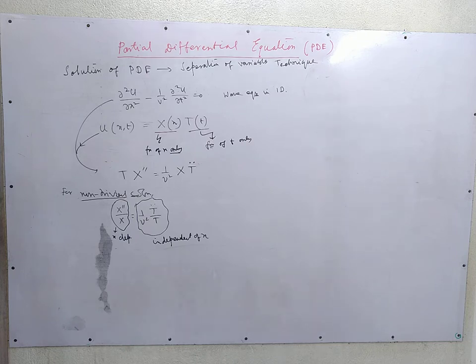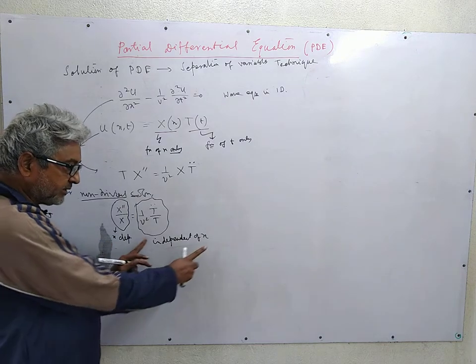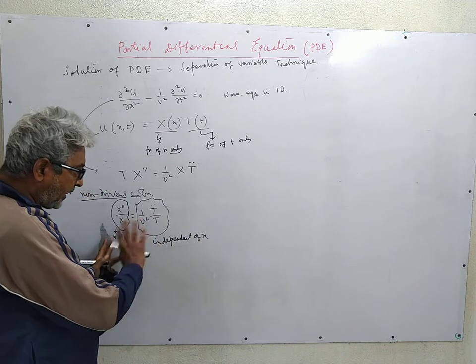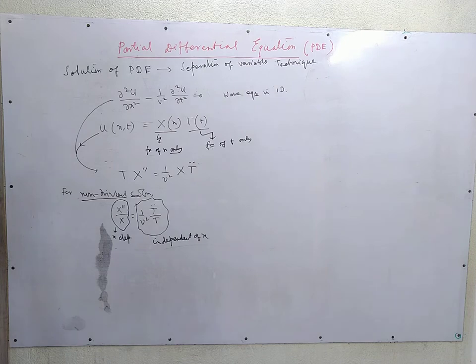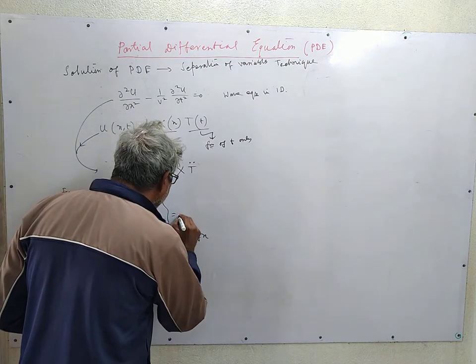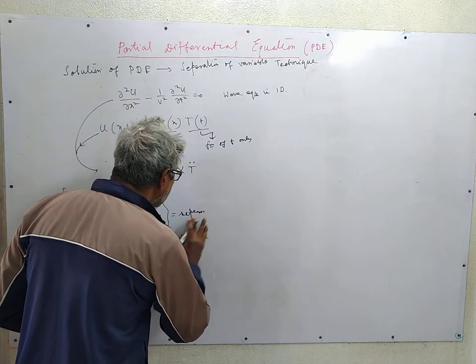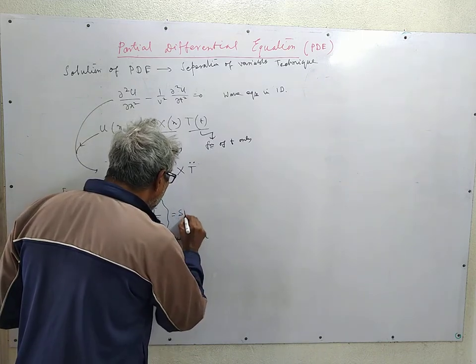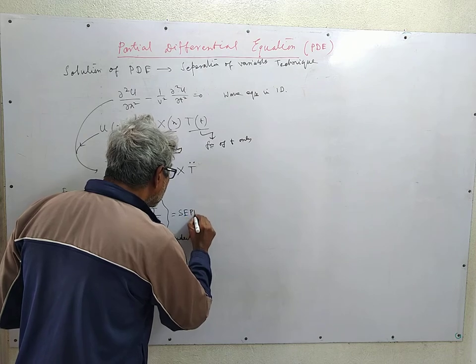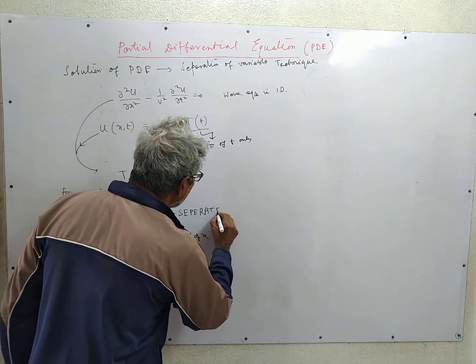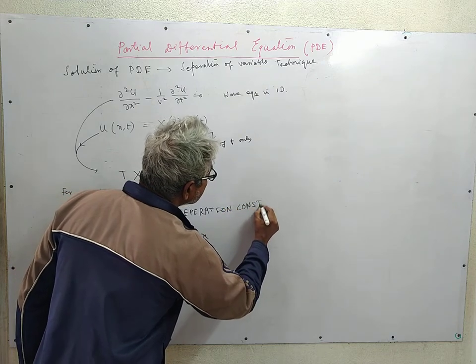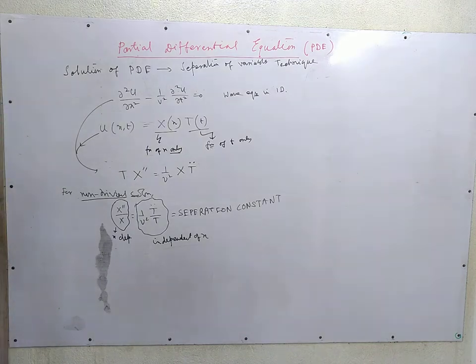This is possible if and only if each side is separately equal to some constant, called the separation constant.